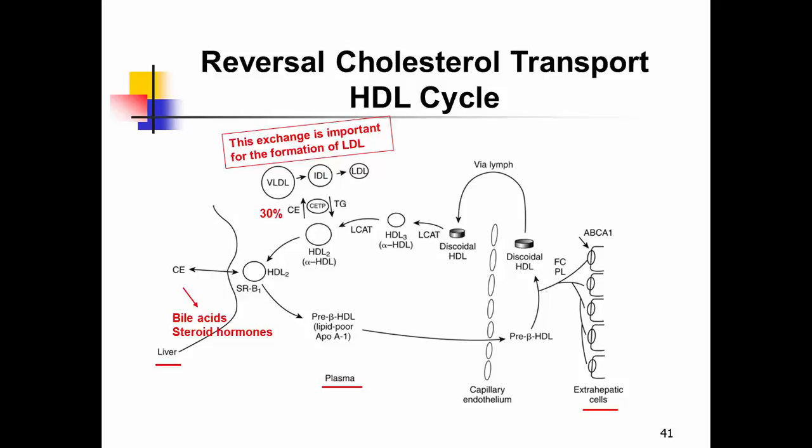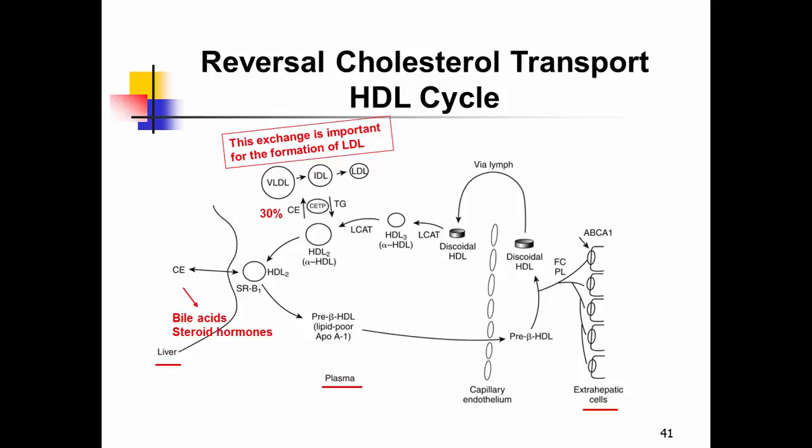First of all, the beta HDL, which does not contain lipids, receives the free cholesterol and phospholipids from the peripheral cells, and then it becomes the so-called discoidal HDL or the small HDL. Again, ABCA1 is very important.